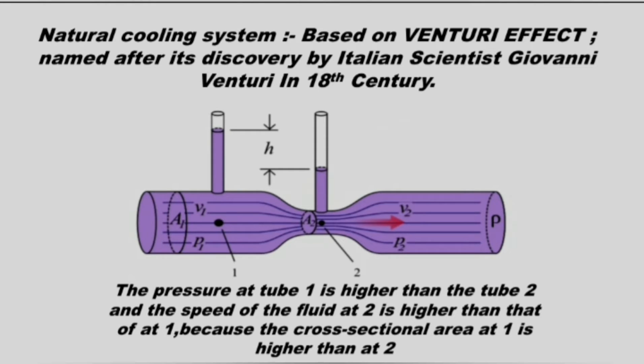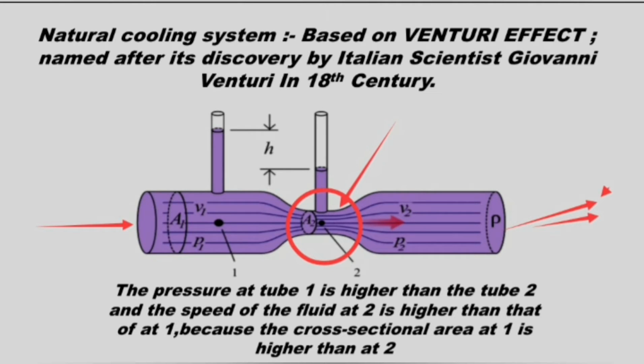So what is mass continuity? Mass continuity means that when something enters across this region, all of the mass has to come out across this region. So when the fluid passes through this narrow region, for all of the entering mass to come out across this region, the fluid must increase its speed.